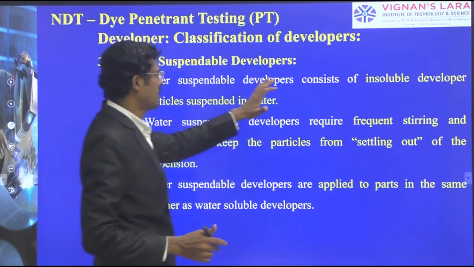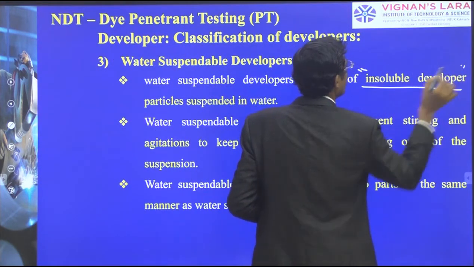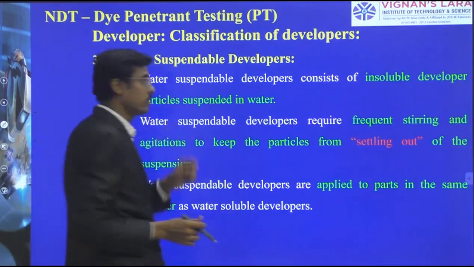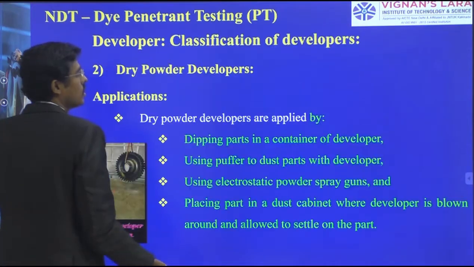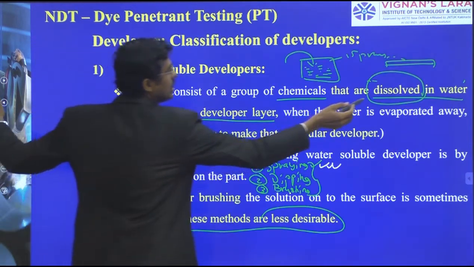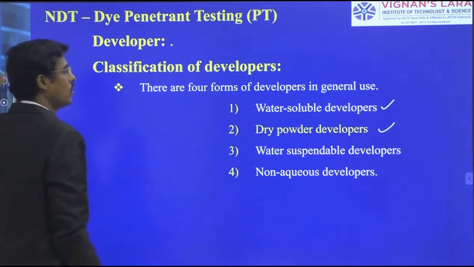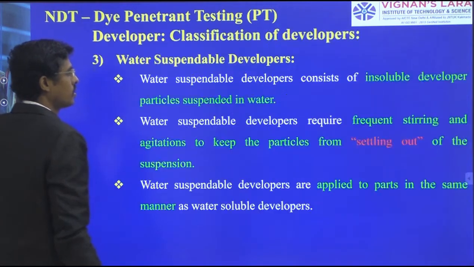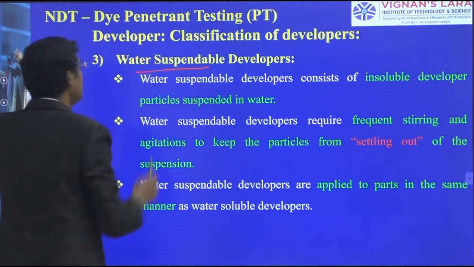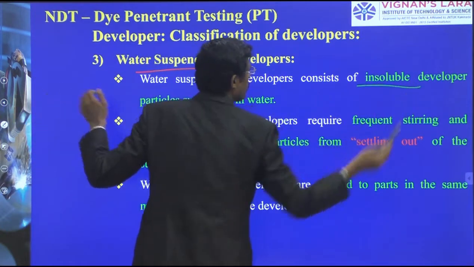Water suspendable developer consists of insoluble developers. See, insoluble developers. I have shown you first one for water soluble, which is dissolved in water. But now here for this water suspendable, I'm using the word insoluble developer.